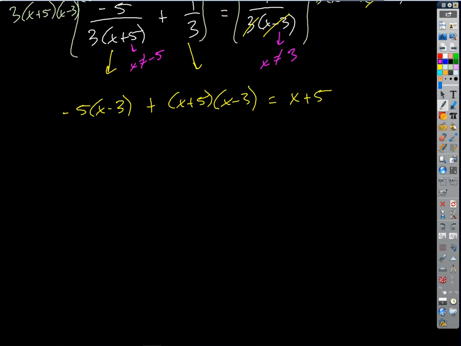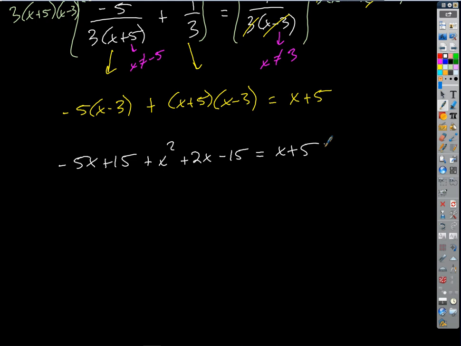And now, after cancellation, this is going to be an easy equation, isn't it? If we just clean this up a little bit, if I distribute the -5, I get -5x plus 15. What are we going to get here if we expand that out? I'm going to get an x squared minus 3x plus 5x, which is a plus 2x, and then minus 15 equals x plus 5.